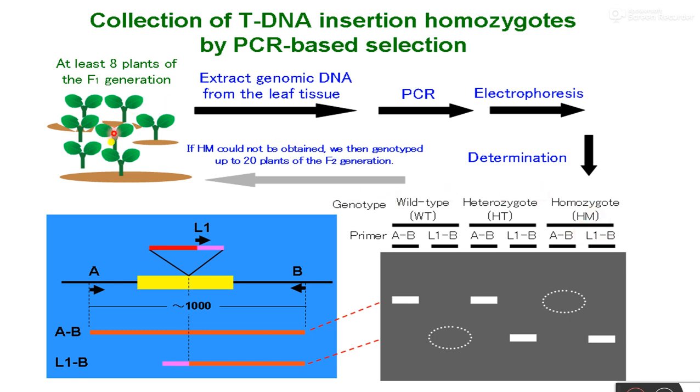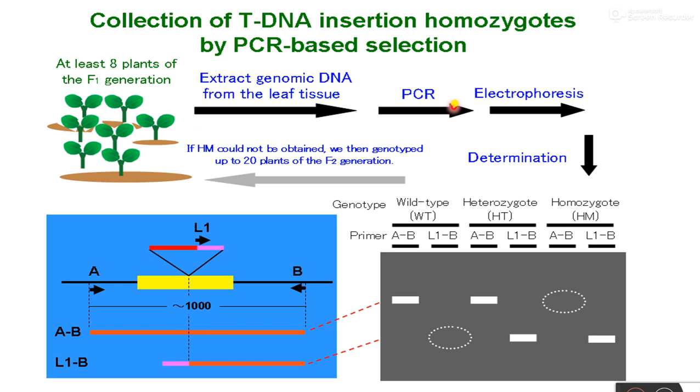So to screen the wild type, heterozygous mutant line or homozygous mutant line from the seedlings procured from ABRC, we generally use the PCR method.